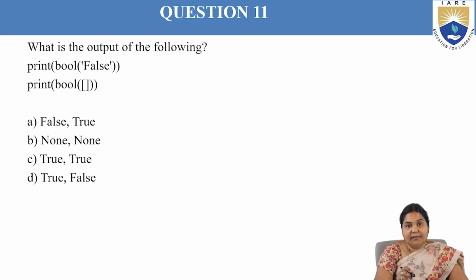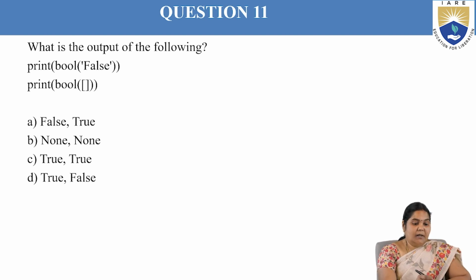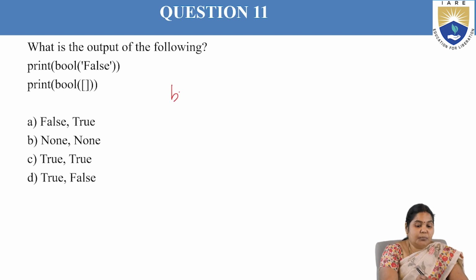This is a very typical, very interesting question regarding the Boolean function. Now, let us understand what you are trying to print. Bool function. So, what does the bool function return?